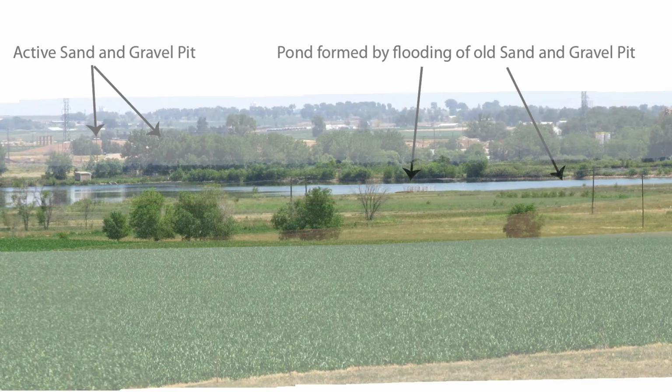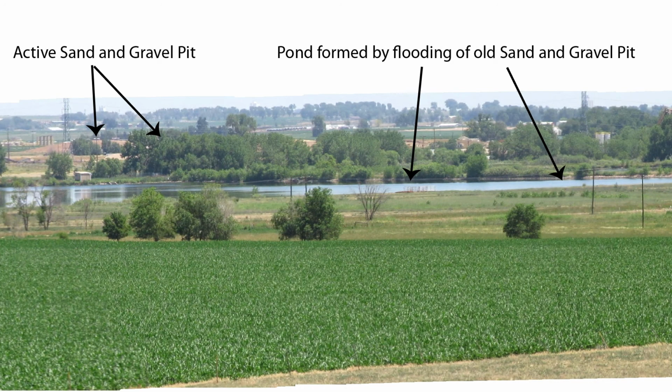So first we'll start on the left side of the image and we'll zoom in there, and we can see that off in the distance there's sand and gravel piles produced at an active sand and gravel pit, and that's mining out those river deposits in the floodplain.